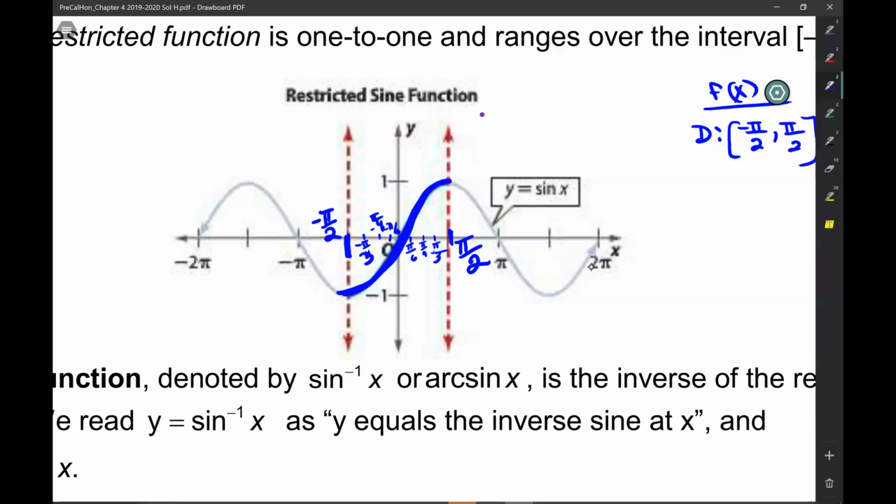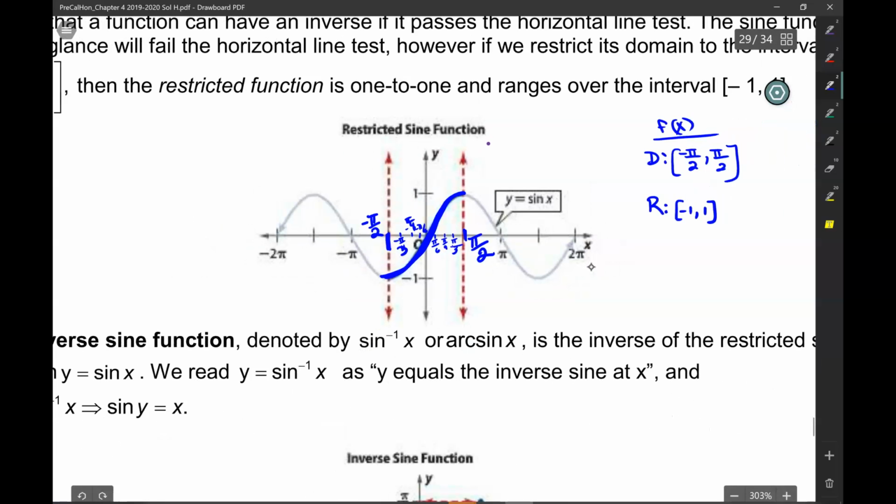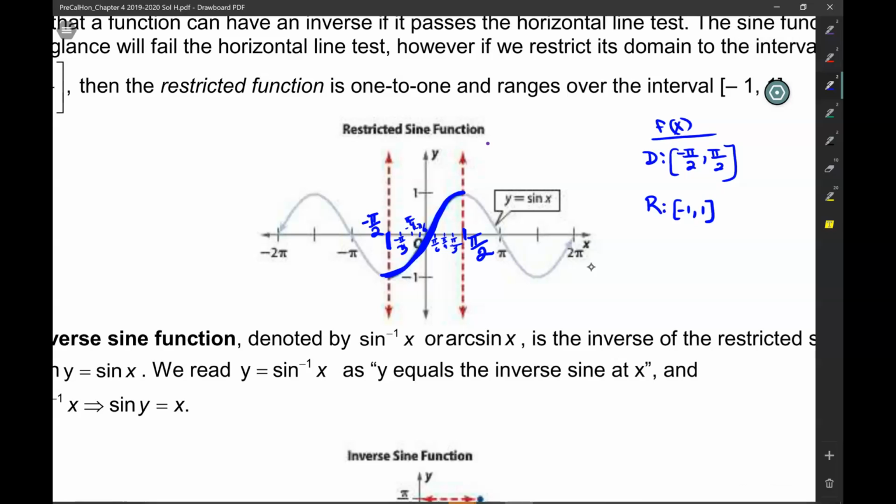Now, what's the range of this region? It goes from negative 1 to 1.